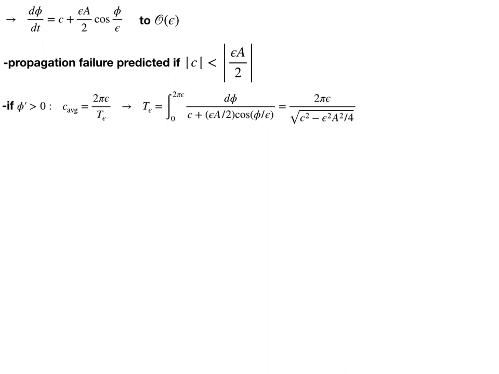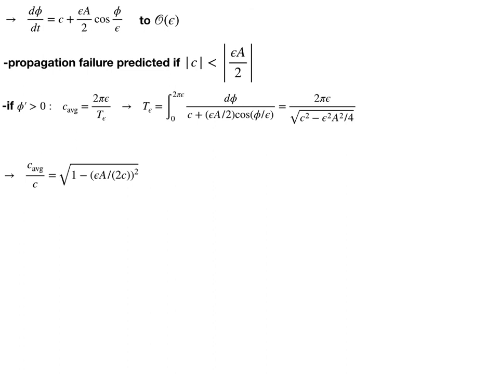We integrate over phi from 0 to 2 pi epsilon, just using separation of variables of our nonlinear differential equation. This is a computable integral, which gives us 2 pi epsilon over the square root of c squared minus epsilon squared a squared over 4. So the ratio between the average speed and c is the square root of 1 minus epsilon a over 2c, whole thing squared.